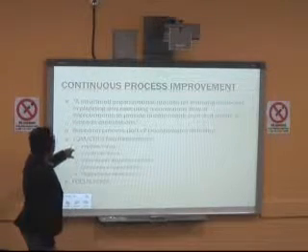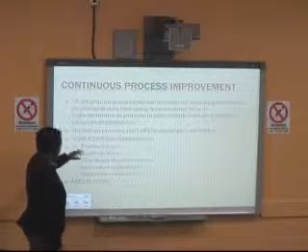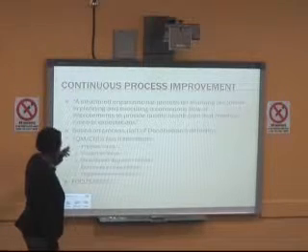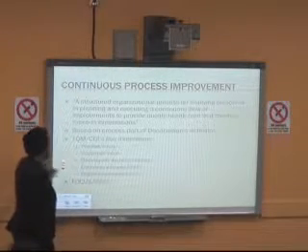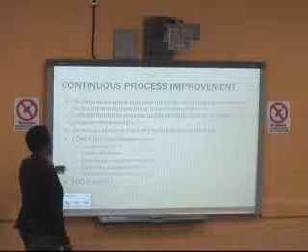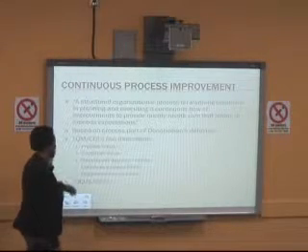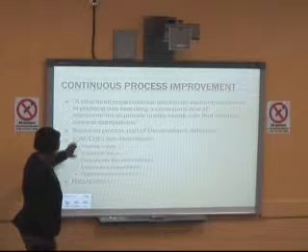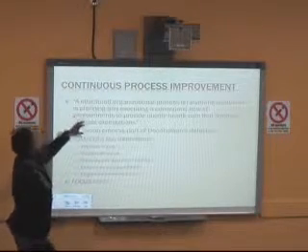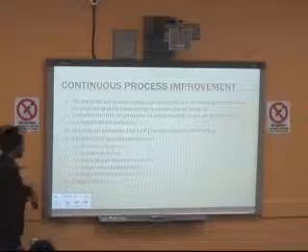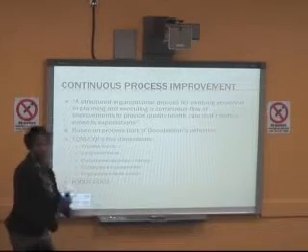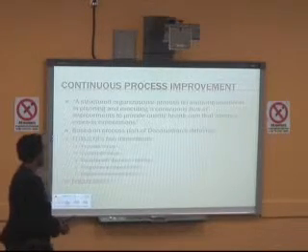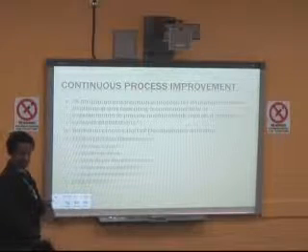So within the continuous process improvement model, there's 5 dimensions. You have process focus, customer focus, data-based decision making, employee empowerment, and organization-wide scope. So basically what that says is all 5 of these need to occur in order to have the continuous process improvement. So you need to be focused on whatever the process might be, but you also have to have your customer focus.